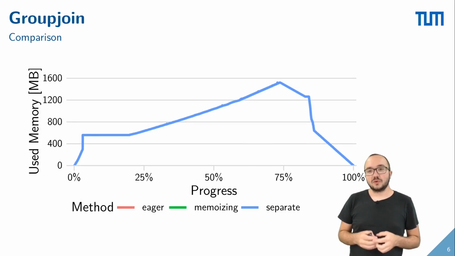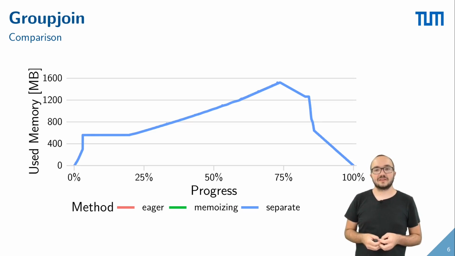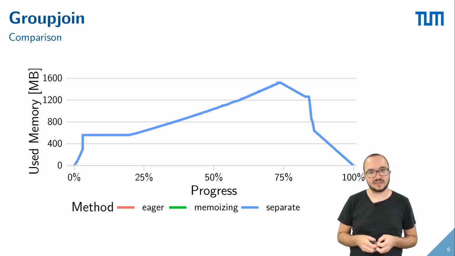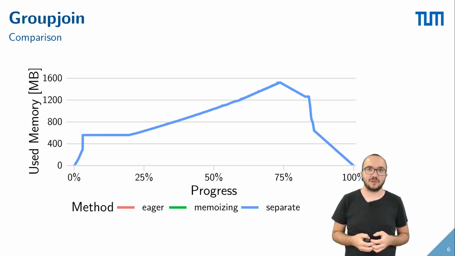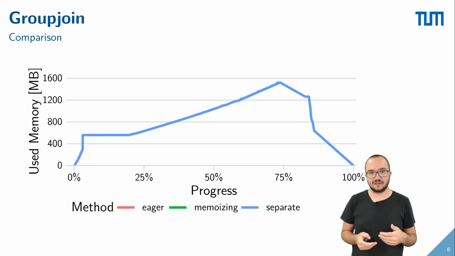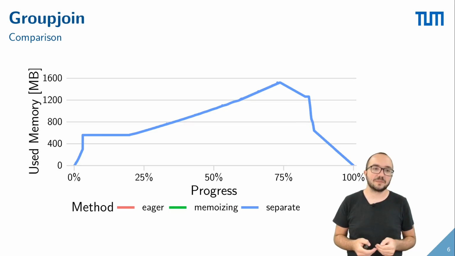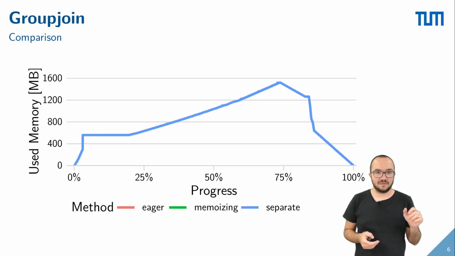To compare this, we evaluated the used memory, and this shows very nicely how the different operators and implementations play together. For a separate execution with a separate join and group by, we first build the join hash table up front in about 500 megabytes of memory.